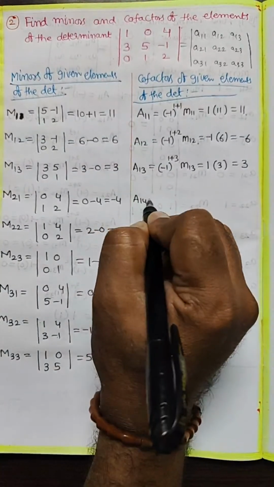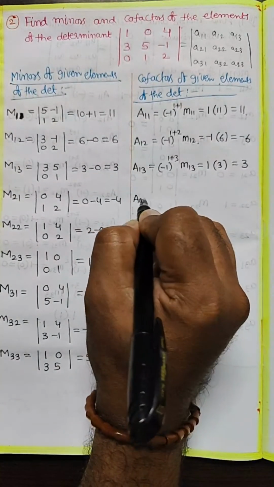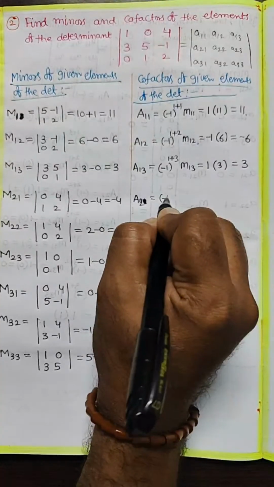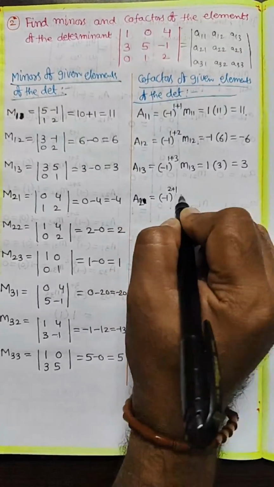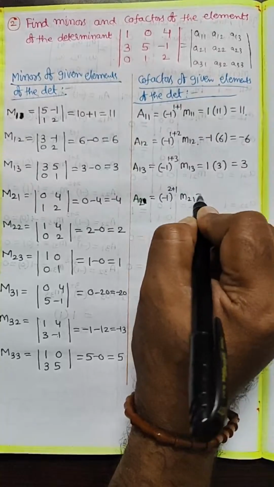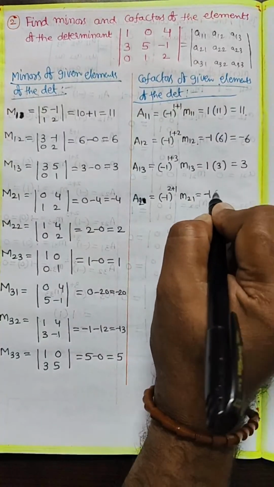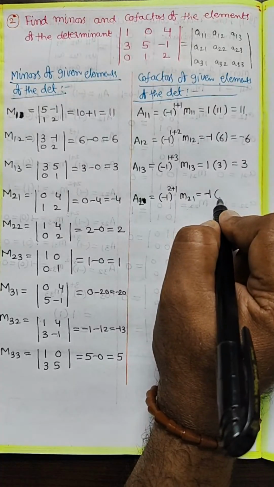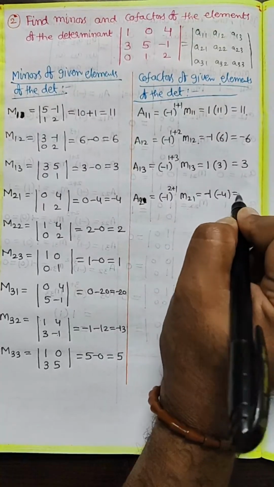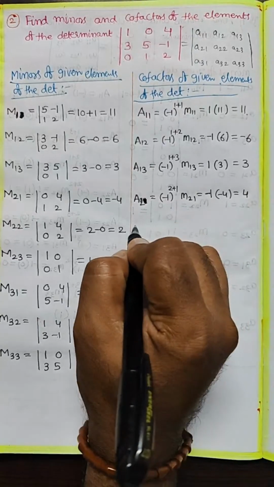Next, A21, which is equal to minus 1 whole power 2 plus 1 into M21. So minus 1 whole power 3, so minus 1 into M21 value, we got minus 4, so minus into minus is plus 4.